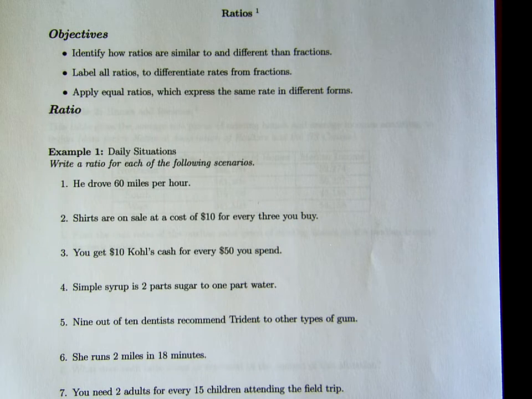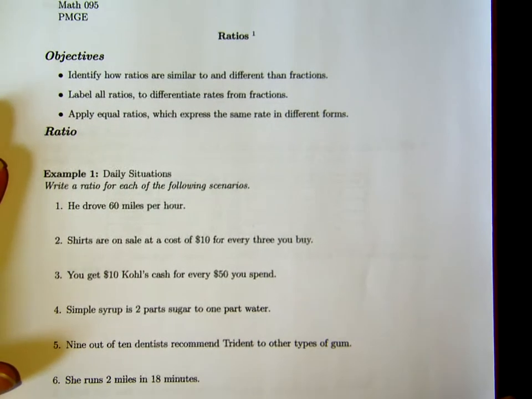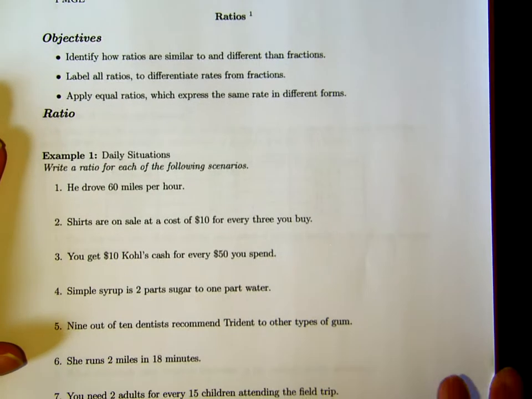A relationship between two or more numbers that indicates for each of the first how much of the second. So it's all about amounts.